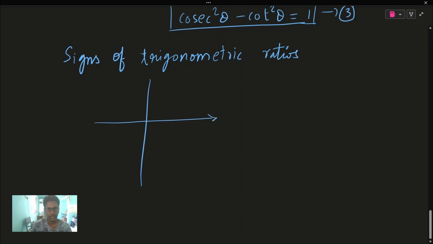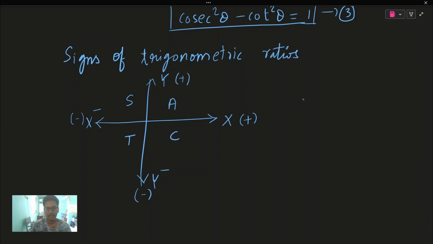So this is a Cartesian system in which this is x and x negative, y and y negative, which means this is positive and this is positive, this is negative and this is negative. It is denoted by a keyword ASTC, which means All Silver Tea Cups.